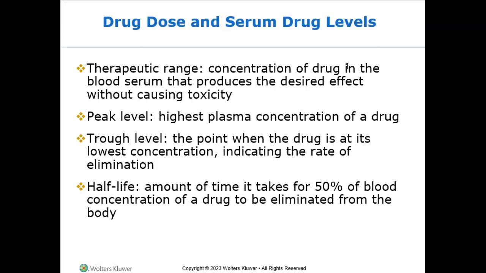The part that becomes confusing is it divides in half every 12 hours. So I gave it at midnight. At noon, my 400 milligrams is 200 milligrams. At midnight again, because we're looking at the 12 hours for the half-life, now I'm at 100 milligrams. Let's see, I did midnight, noon, midnight.